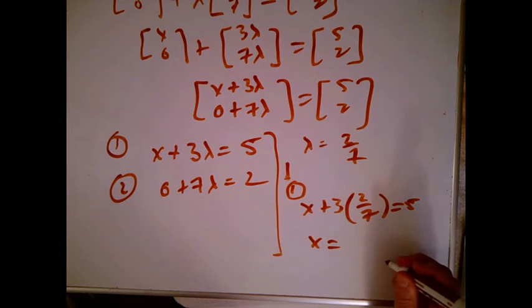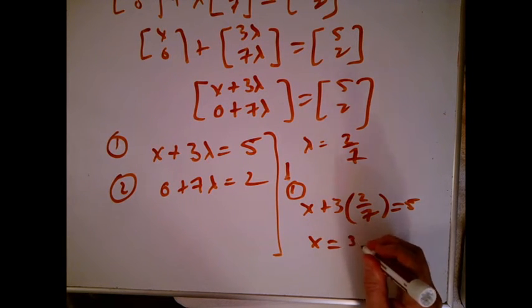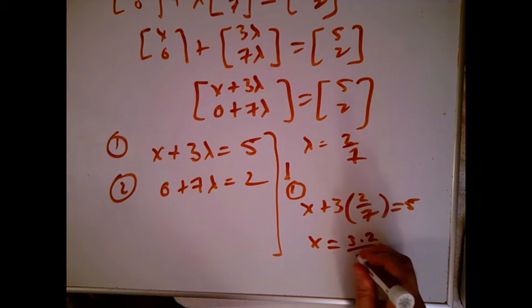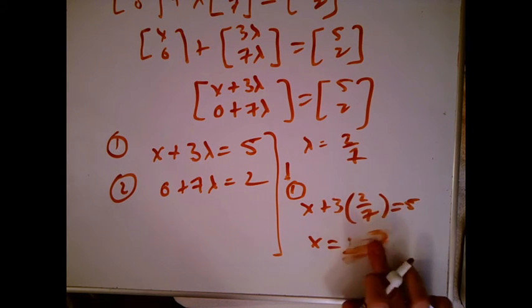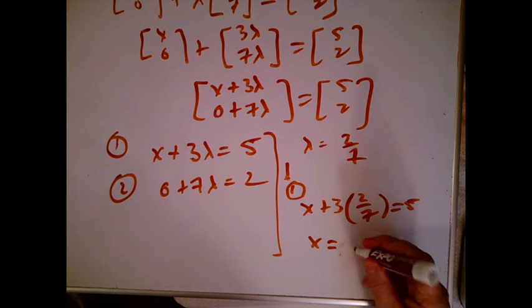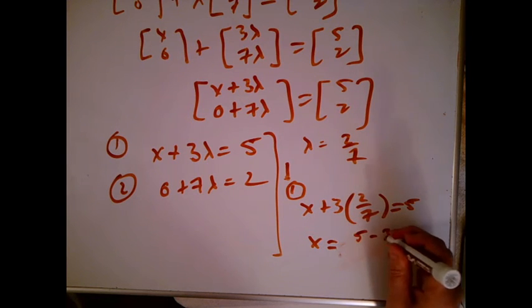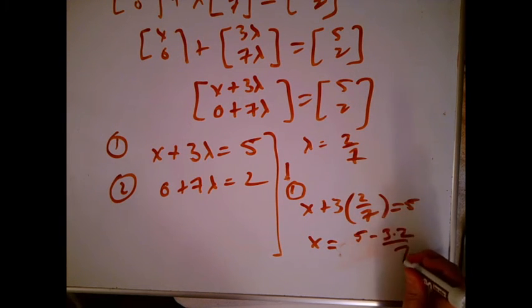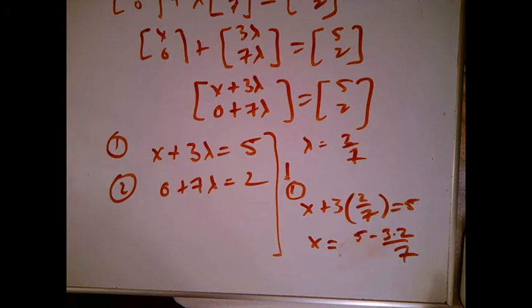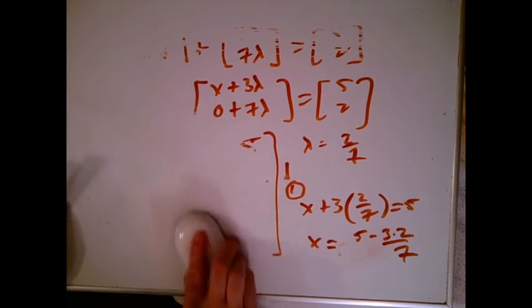So that x is equal to... I have to throw it on the other side. I'm going to get 5 minus 3 times 2 over 7, like that. So that's finally x.